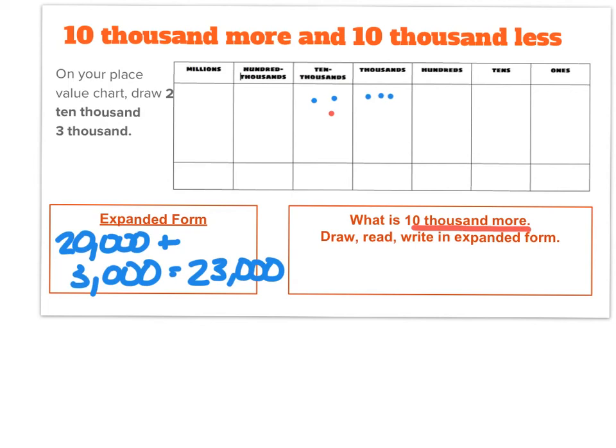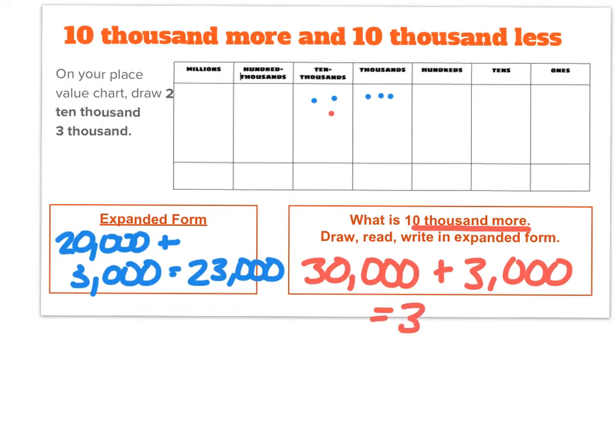So when I add 10,000 more, in expanded form now I have 30,000 plus 3,000. So my answer in standard form is 33,000. Again, my thousands place didn't change, just my 10,000s place because I added 10,000 more.